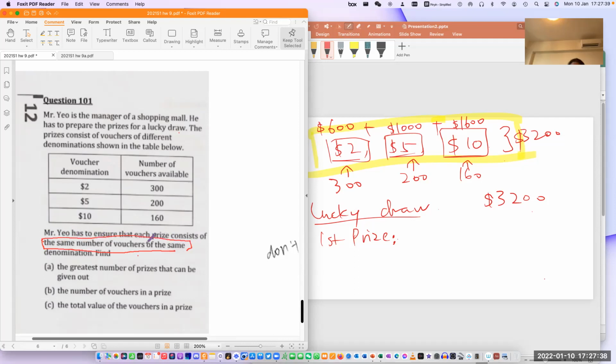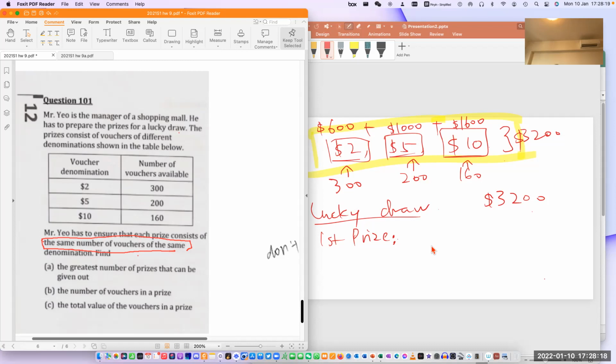They say same number of vouchers of the same denomination. What does this mean? Each price consists of the same number of vouchers of the same denomination. So same number of vouchers, same denomination.